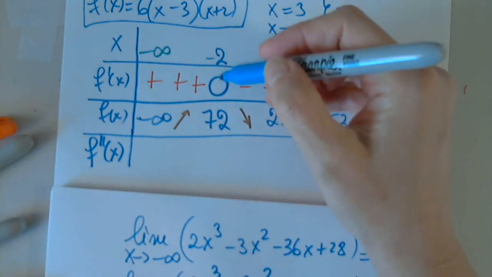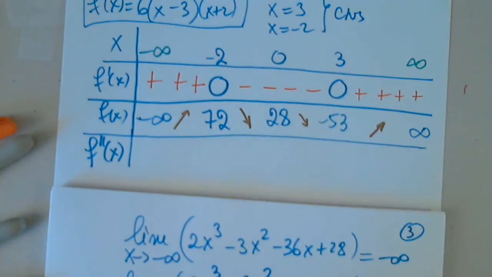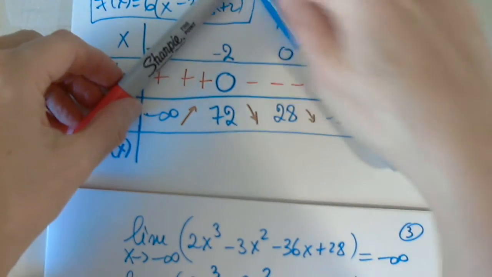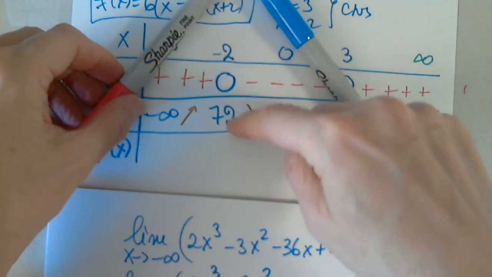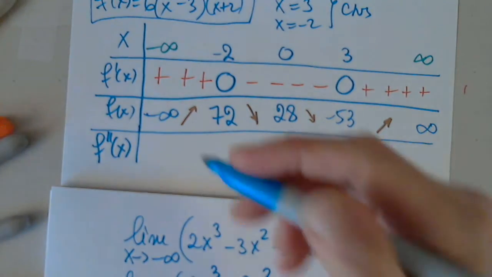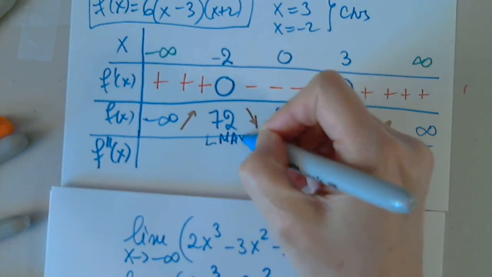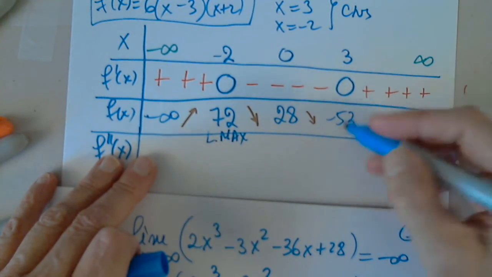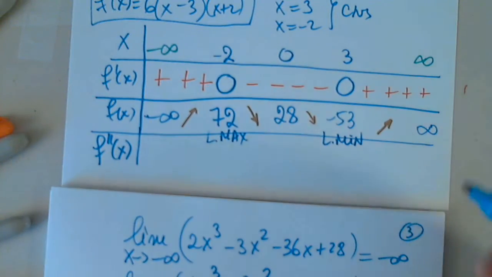Obviously, -2, 72, because the sign of the first derivative is positive, 0, and negative, this must be a local max. This one, 3, -53, must be a local min. How do I know?